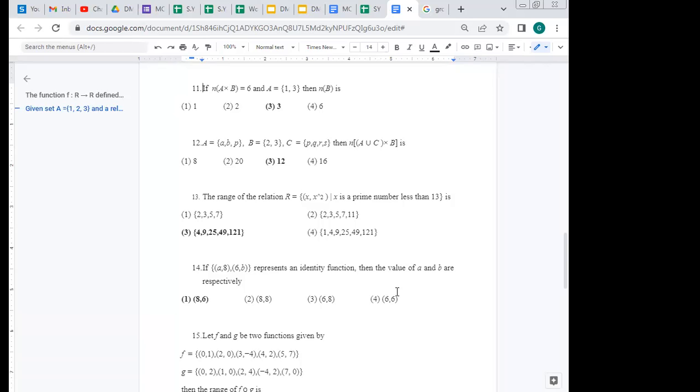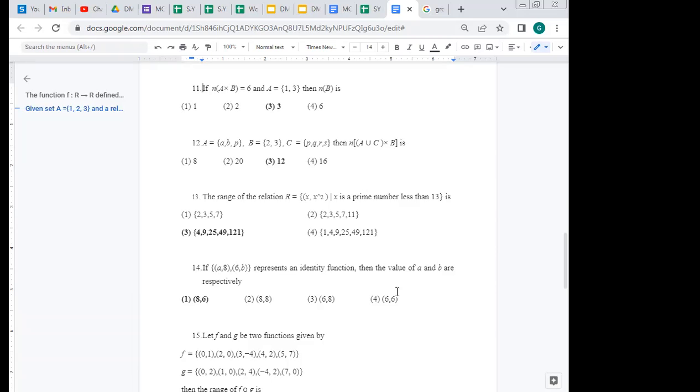If x is a prime number less than 13, that is 2, 3, 5, 7, 11. And in the second set, their squares are there. So the third option will be correct: 4, 9, 25, 49, 121, like that.